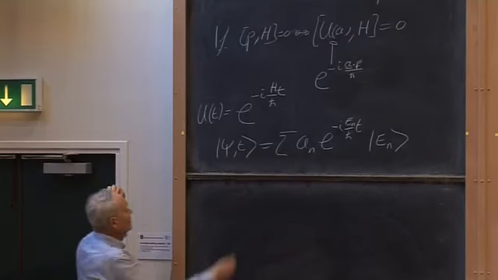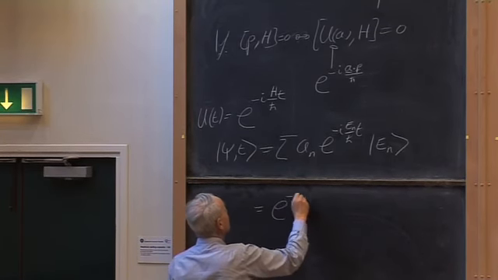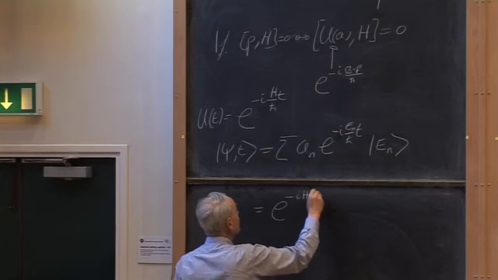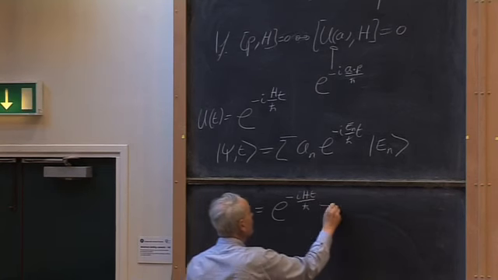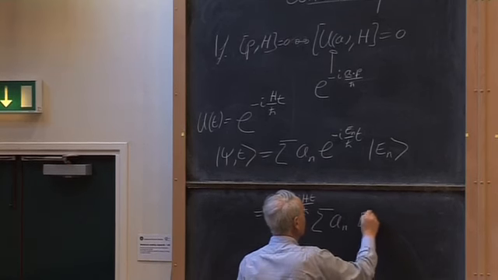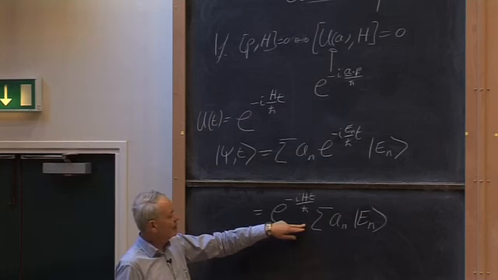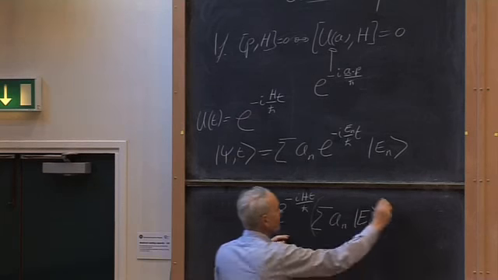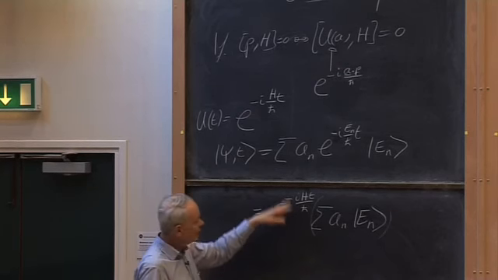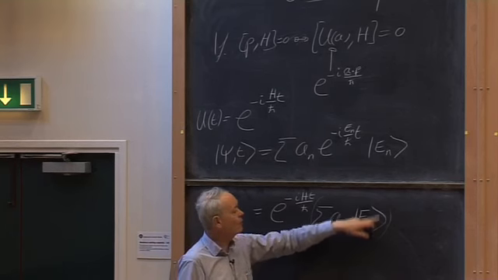But we can see that this can also be written as e to the minus i H t upon h bar times the sum a n E n. Because this is a linear operator, it can be distributed and pass through these a n and look at each one of these things.